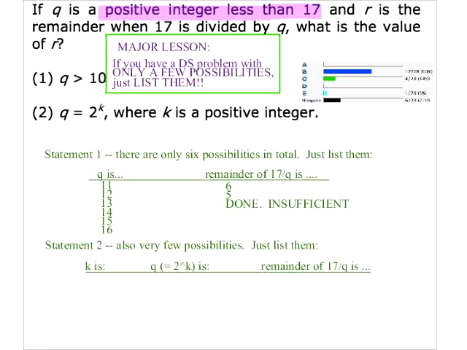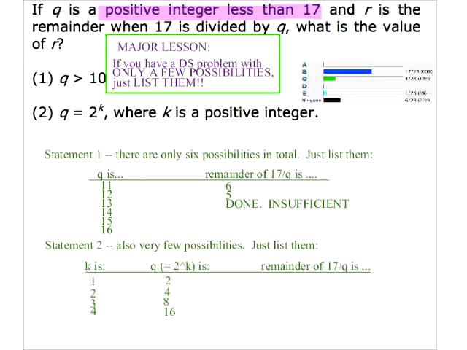If K is 1, then 2 to the K is 2. If K is 2, then 2 to the 2 is 4. If K is 3, then 2 to the 3 is 8. If K is 4, then 2 to the 4 is 16.